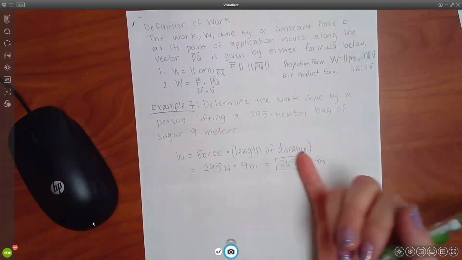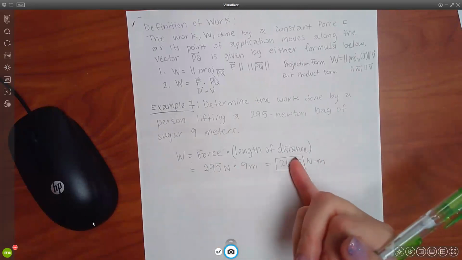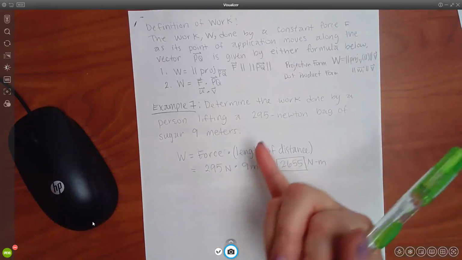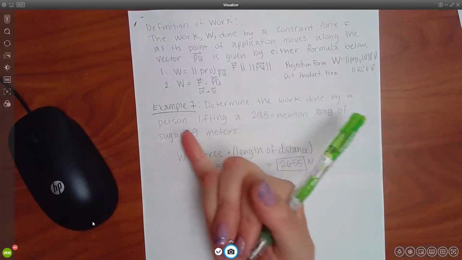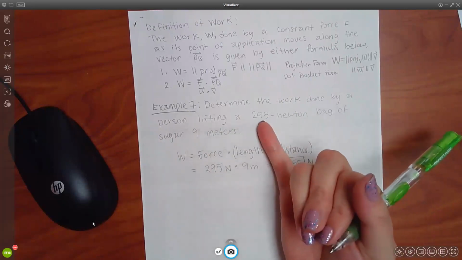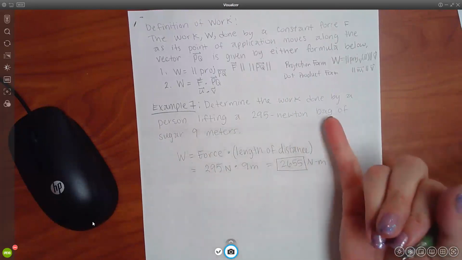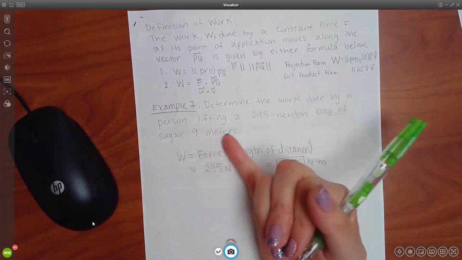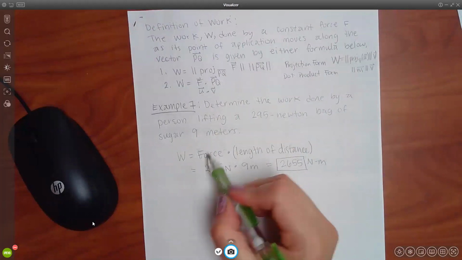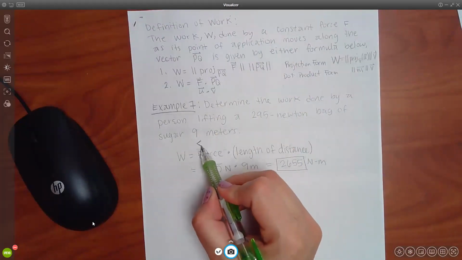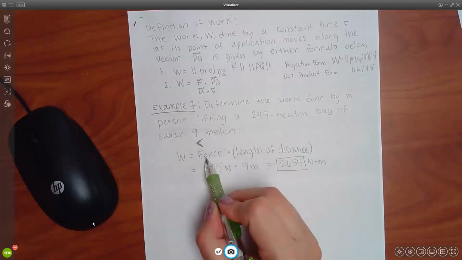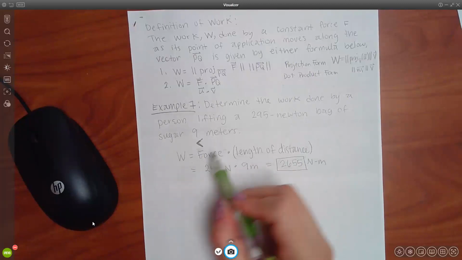And I think I already wrote this one down, but this one's silly. So it says determine the work done by a person lifting 295 newtons bag of sugar 9 meters. So you have to remember that your force, I just wrote the answer, but your force is going to be this one here.